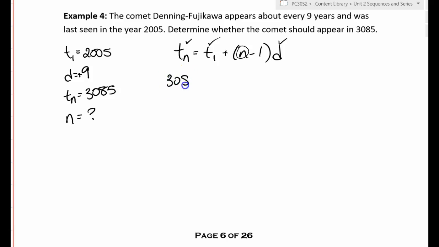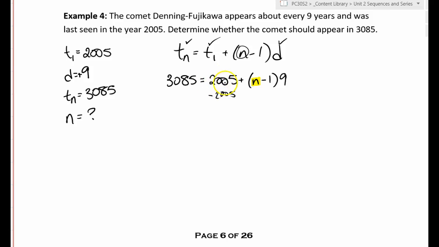We've got 3085 equals 2005 plus n minus 1, because we don't know how many times we're going to add 9, how many times that comet is going to pass between these 2 years, but we do know that it should be every 9 years. Again, we are just isolating the variable, so we need to get n by itself. The first thing that needs to go is the completely separate term, 2005.